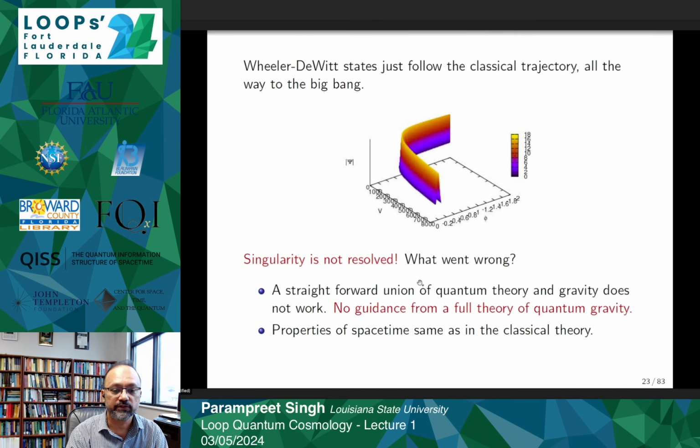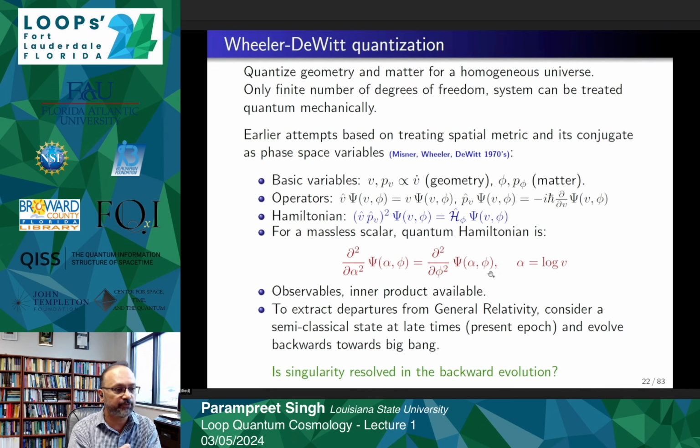And there was no quantum geometry because we are not deriving this from any full theory of quantum gravity. This was just an ad hoc quantization of certain gravitational phase space variables just using quantum mechanics. The properties of space-time were exactly the same as in the classical theory. There were quantum effects, but the quantum effects were just h bar effects.